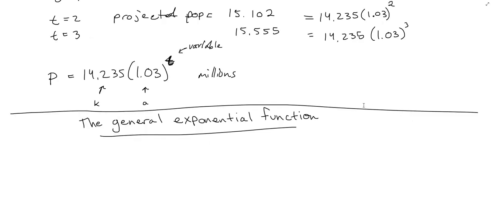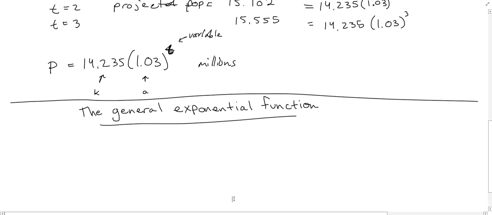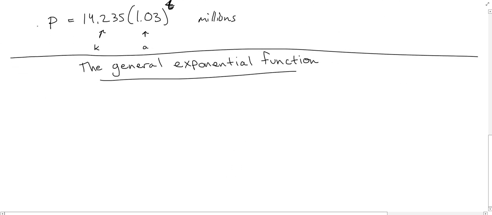Alright, so now let's generalize our exponential function. I want to point out that example was one where something was growing, exponential growth, but these are also used to represent exponential decay. So in general, we're going to say that P equals P naught times a to the t. Earlier we learned what an exponential function is, and I used the letter k, but we're going to use P naught because it's a little more precise in talking about what happens when t is 0.